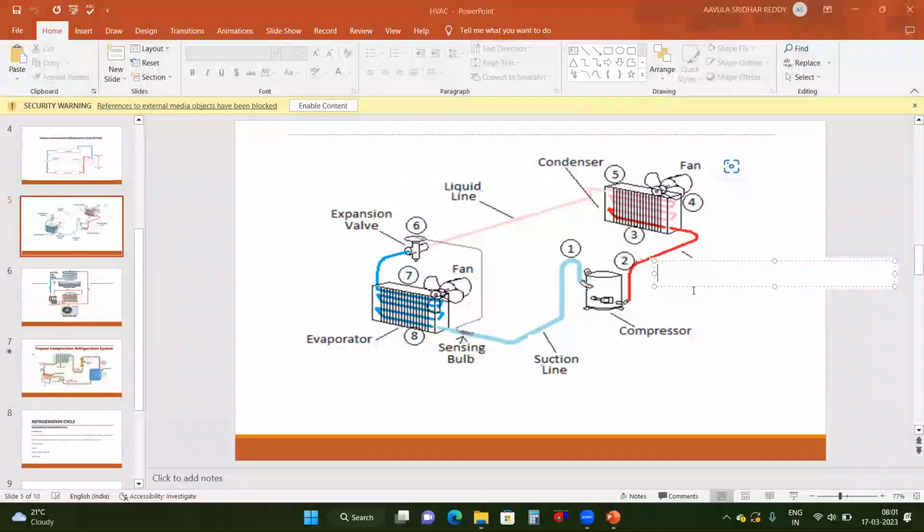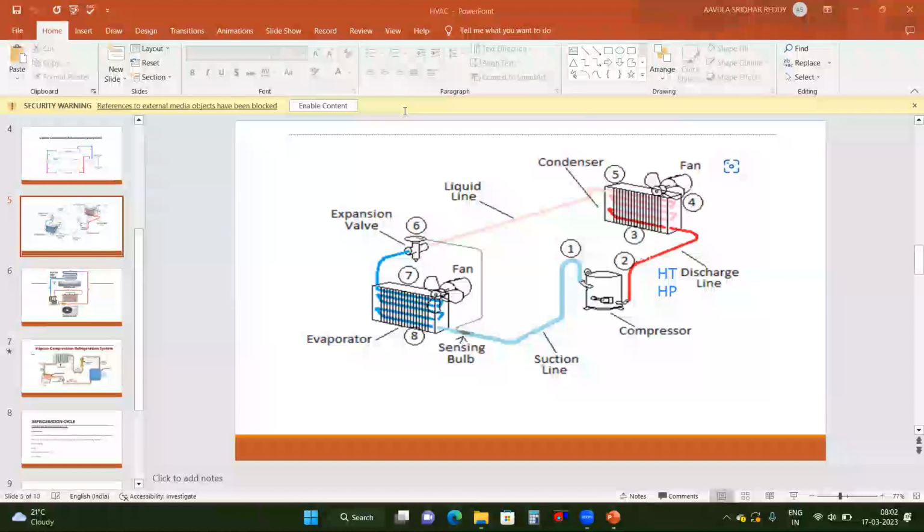After this stage it will be high temperature and high pressure. After going through the condenser, the heat is rejected and the gas converts into liquid state, but the temperature and pressure are still high.